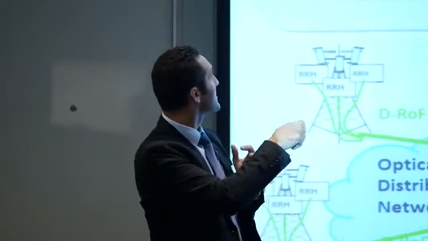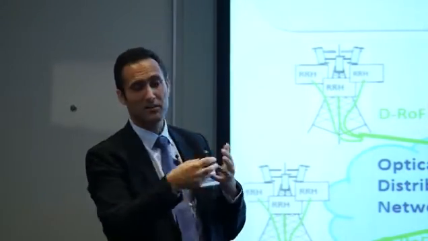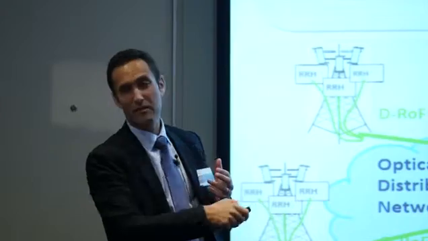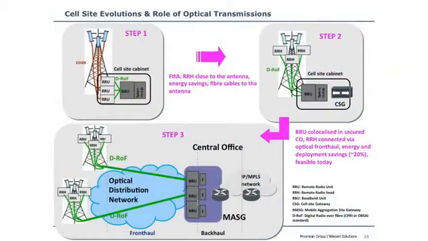These feeders need to be replaced little by little by fiber also. That's what we call fiber to the antenna. So the fronthaul, not the backhaul, not after the base station, but between the base station and the antenna, is using more and more fiber.